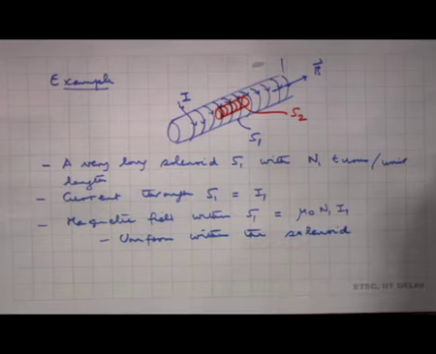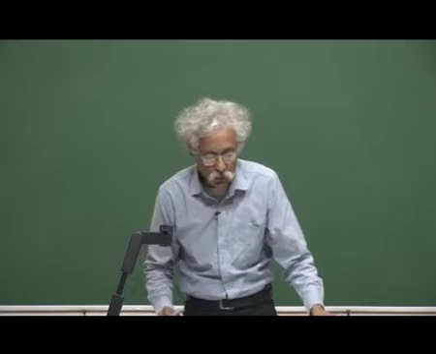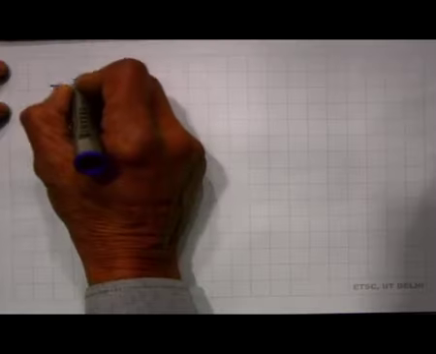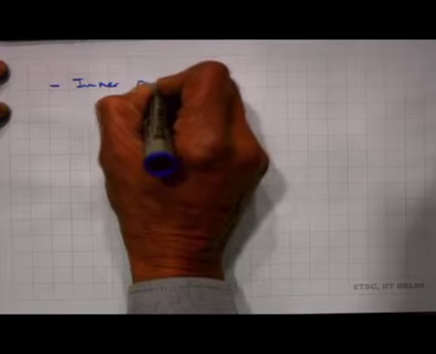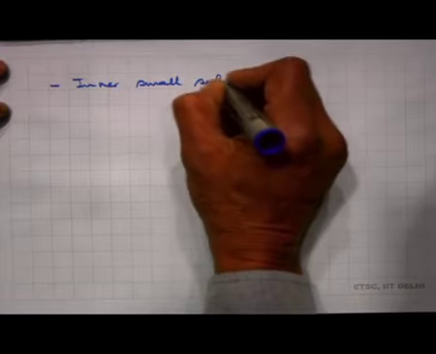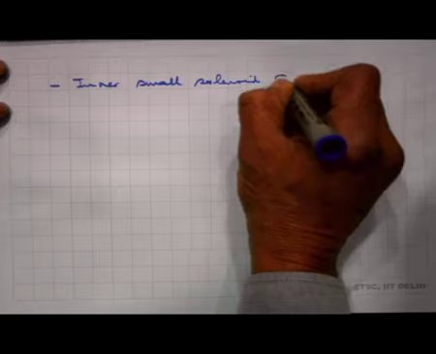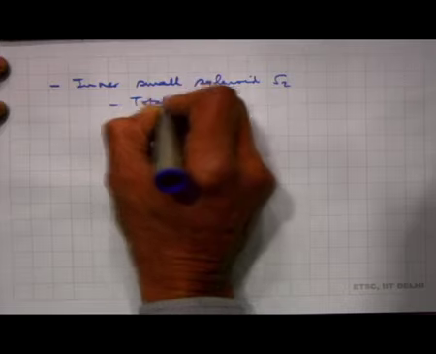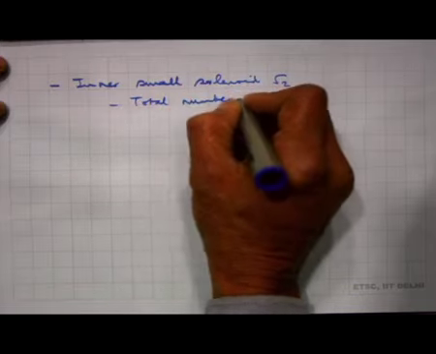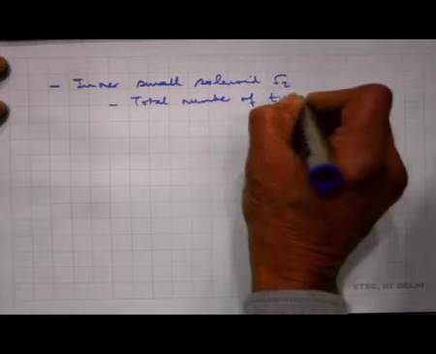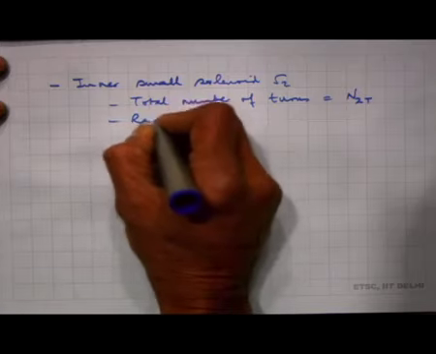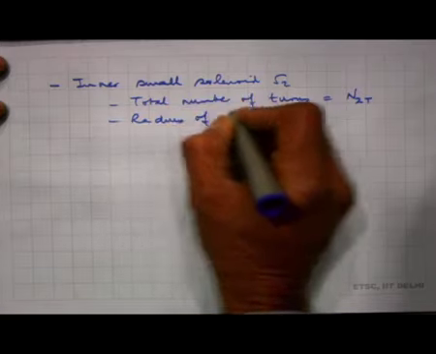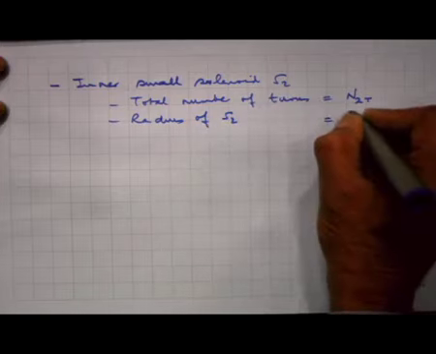So, there is a uniform flux passing through the inner solenoid, and let me assume that the inner small solenoid S2 has a total number of turns N2T, and the radius of S2 is equal to R2.